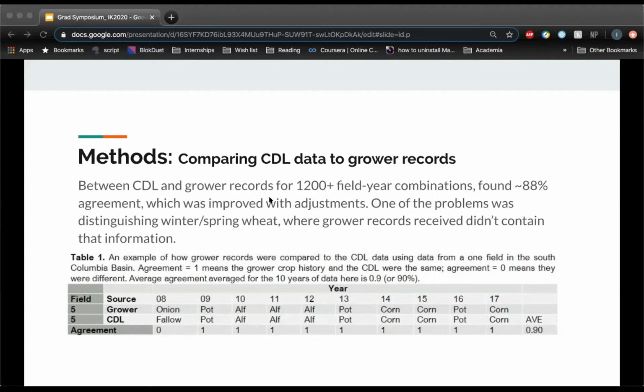Another problem was distinguishing between winter and spring wheat, where the grower records we received didn't contain that information. It probably exists, but in this preliminary check, the agreement was improved by just not distinguishing which season the wheat was grown in, and so we could improve that to about 92%.